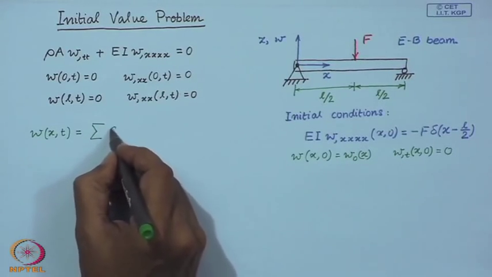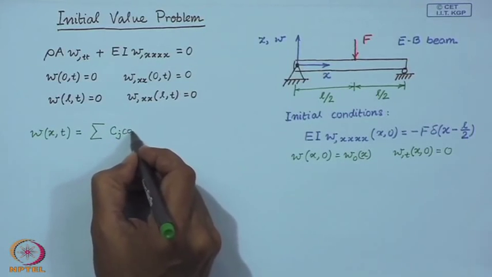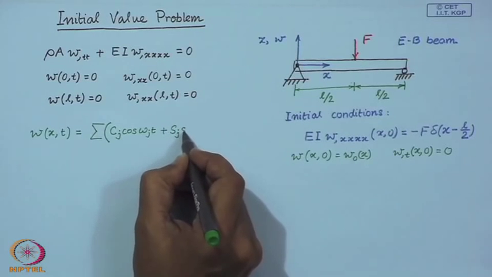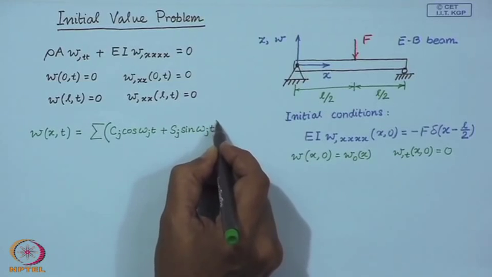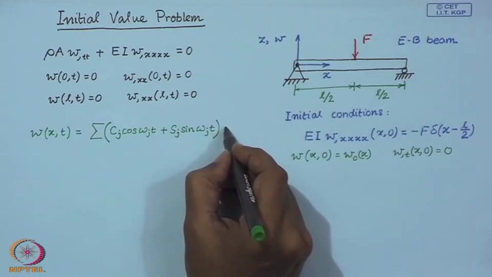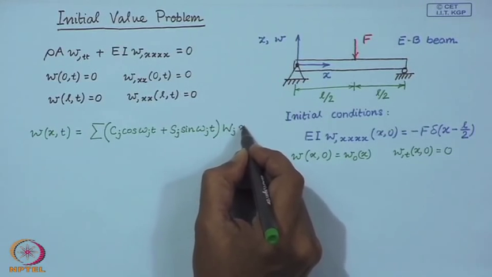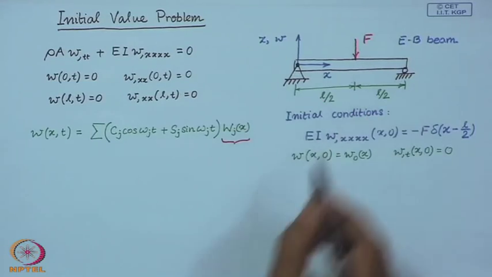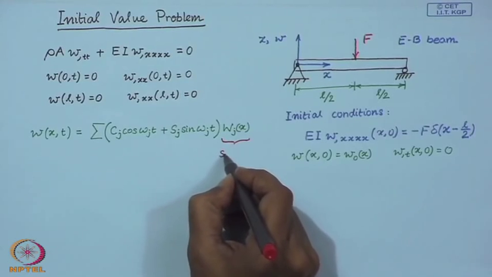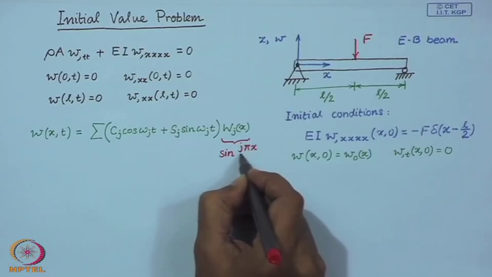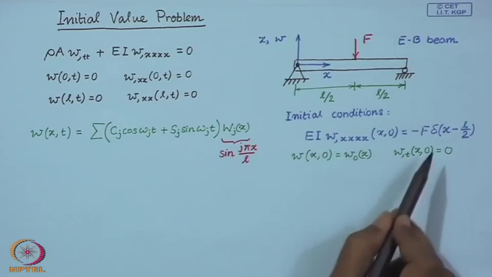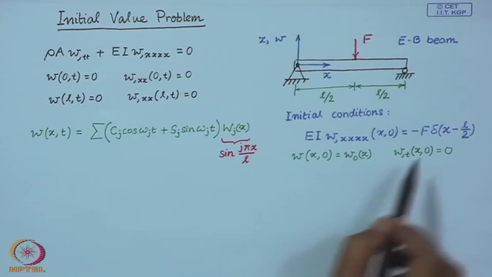We know that we can represent the solution in this form, where these are the eigenfunctions, and for a simply supported Euler-Bernoulli beam, the eigenfunctions are given by sine of j pi x over L. So, now let us first solve this statics problem at time t equal to 0.